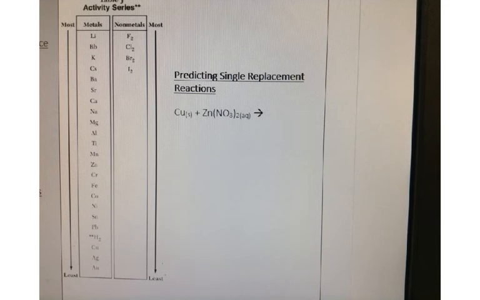Alright, so let's try to predict the products. With single replacement reactions, if you are expected to predict the products, you always want to check the activity series to see if the reaction would actually occur. So in this case, I would be comparing Cu, which is a metal, to zinc, which is another metal. Cu is the metal right here, and it would need to be higher than the zinc that it is trying to kick out. And in this case, it is not higher, so all you would have to do is write down no reaction.